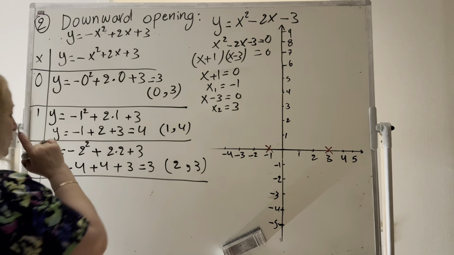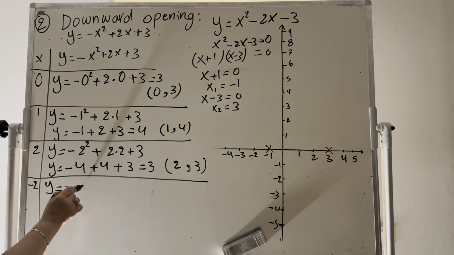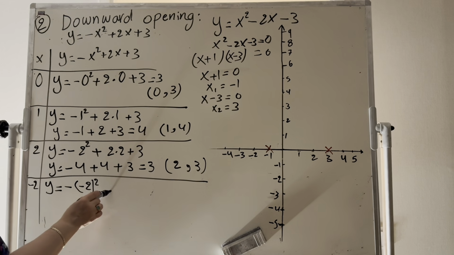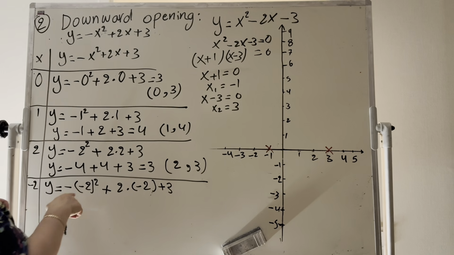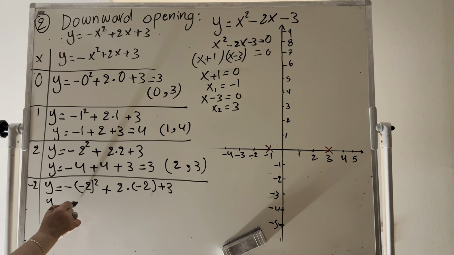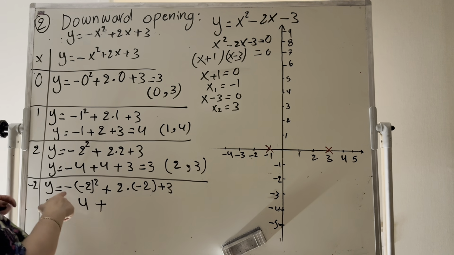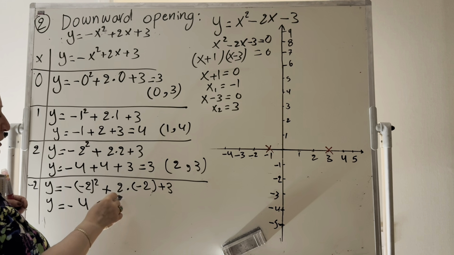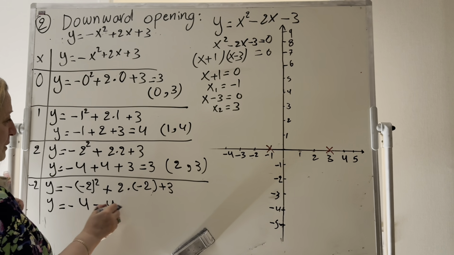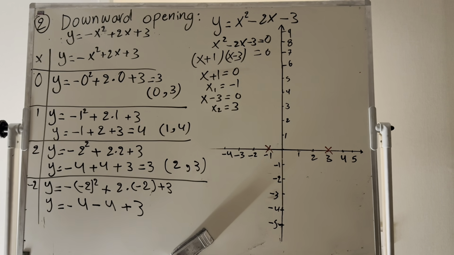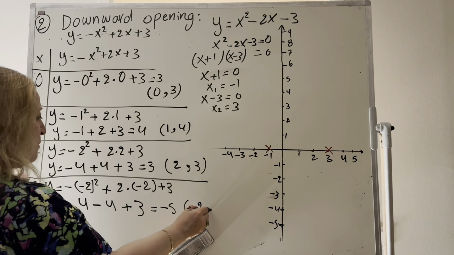When x equals minus 2, y equals minus 2 squared plus 2 by minus 2 plus 3, which is minus 4 minus 4 plus 3, equals minus 5. So I have minus 2, minus 5.